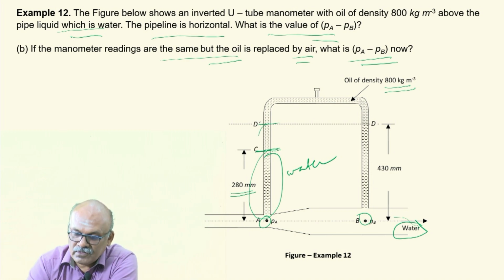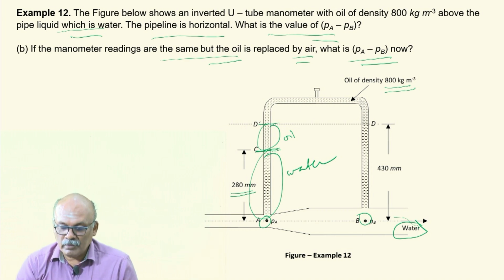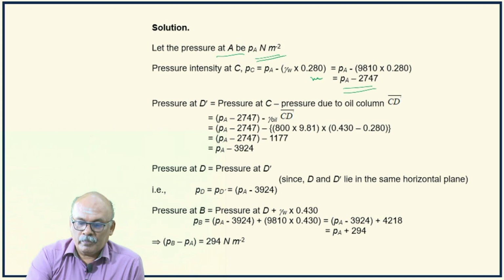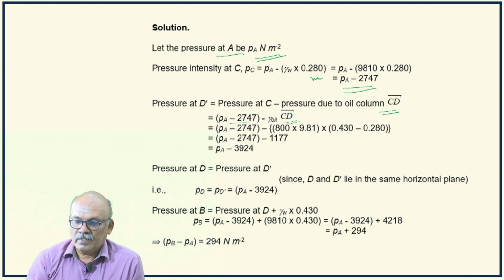The column CD dash is oil. We are expressing pressures as intensity, that is Newton per meter square. So pressure at D dash is equal to pressure at C minus pressure due to oil column CD dash. So pressure at C is PA minus 2747, minus gamma oil into the column CD dash.